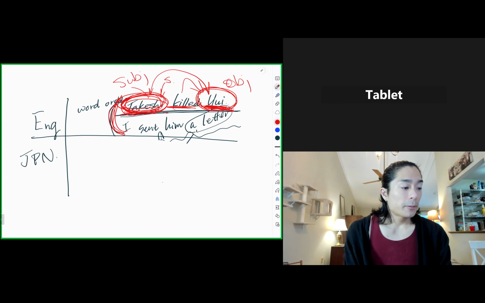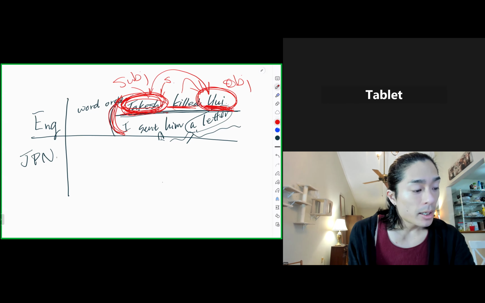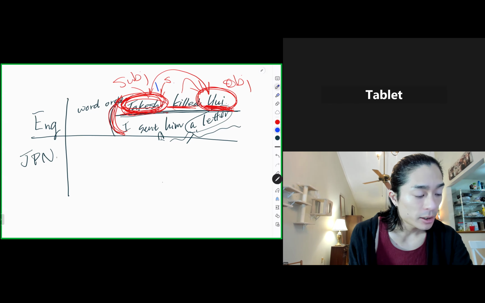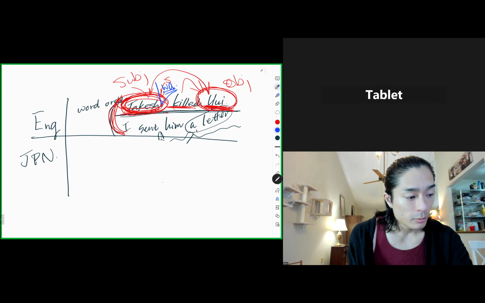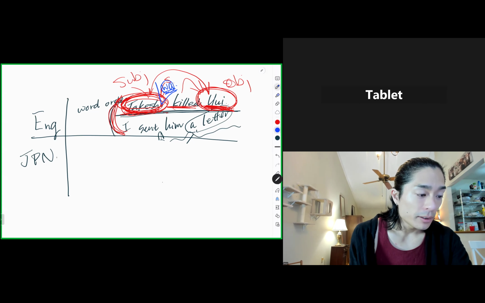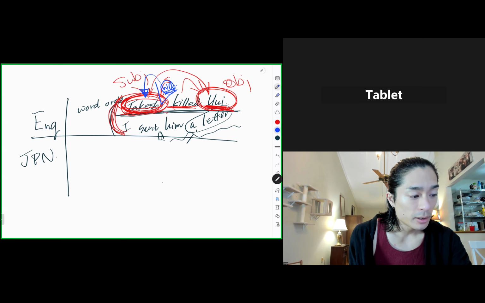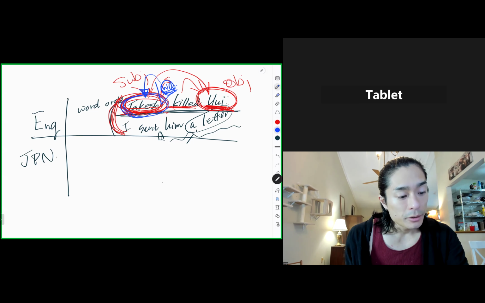Okay, so Japanese, instead of word order, caring about which noun comes first, we say something like, okay, we're gonna add this particle, wa, and this wa will say that, hey, this noun that's connected to me is the subject of the sentence. And then for Yui, we'll be like, o. We pronounce it as o, even though it's written as wo.